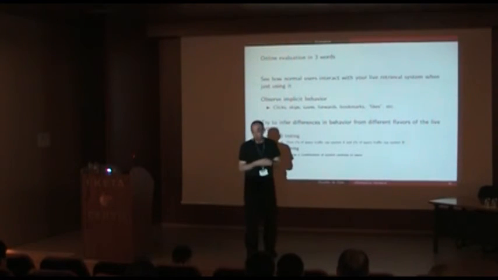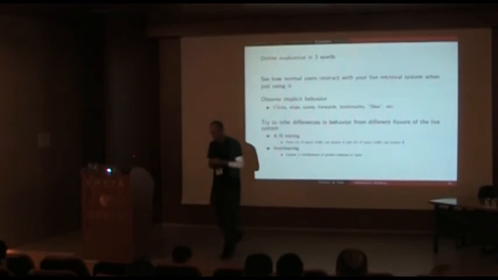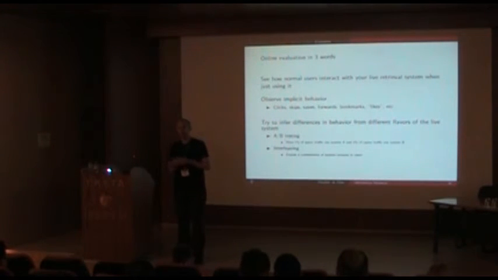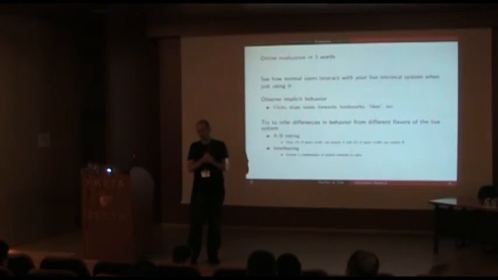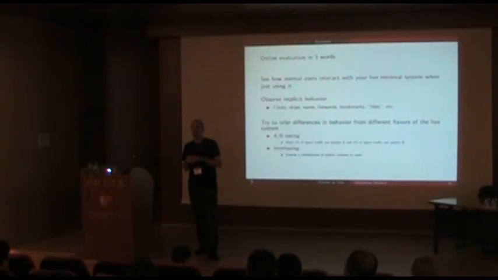So in A/B testing we have two systems, A and B. We bucket the population, meaning that some of the users only get results from system A, the other users only get results from system B. And then we observe whether they behave differently. Do users from system A spend more time? Do they generate more clicks? Or do they abandon the result pages faster? And if we observe a difference, we conclude that, well, A beats B or B beats A, depending on how the difference is.